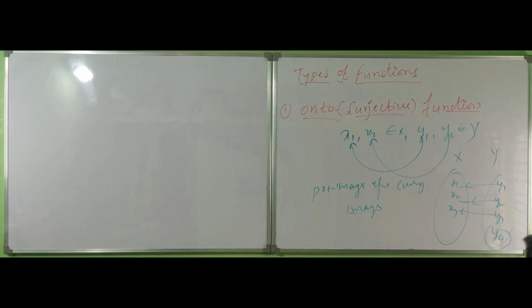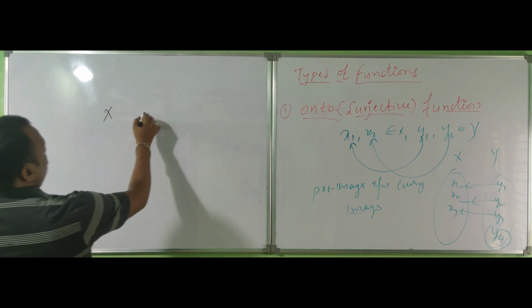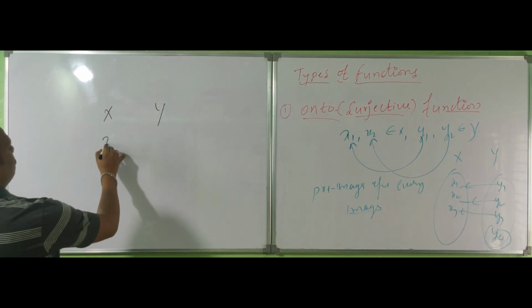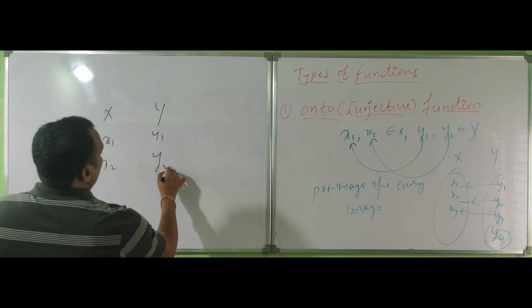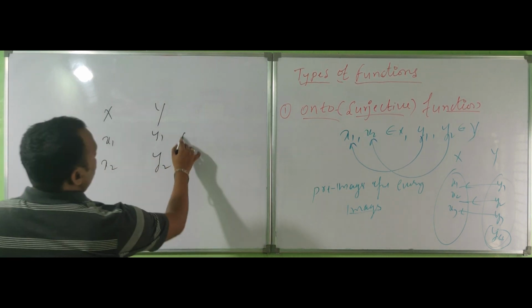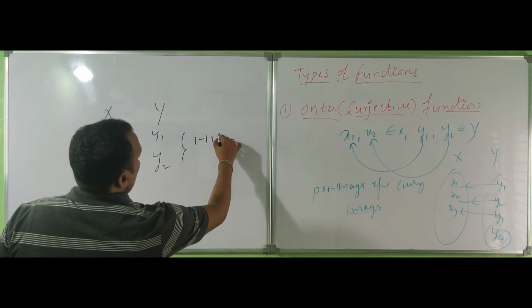Already you know, this is x and this is y. This is x1, this is y1, this is x2, this is y2. This is one-one plus onto.